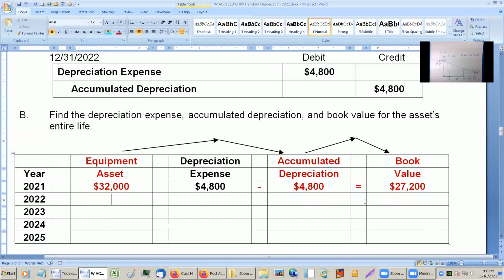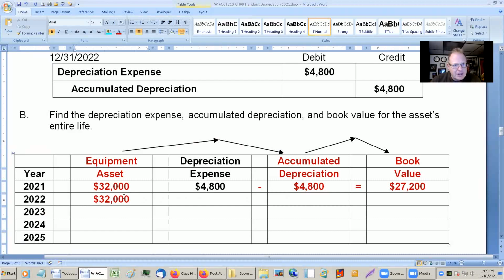The equipment. You might be tempted to say, okay, it's worth 27,200. Actually, this account will stay at the cost for its entire life. And here's why. The reduction is going to come from the accumulated depreciation, not from the account itself.